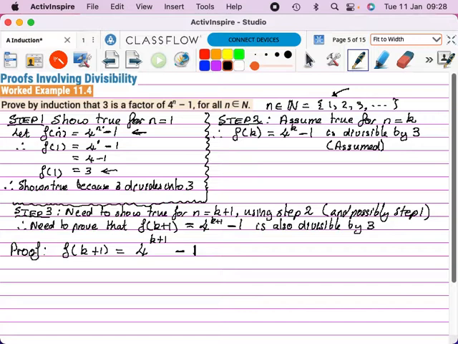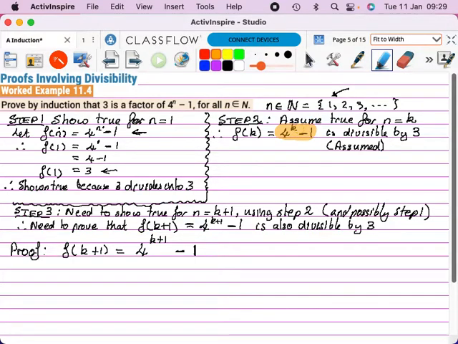At this stage, it could be that some of you watching this video will only get as far as the next line, but it's very important to move this problem on. What you're looking at is you have to rewrite it eventually so it begins to look like step 2, so that you can use the mathematics from step 2. And what step 2 has is 4 to the power of k.